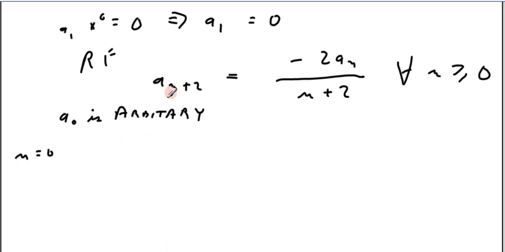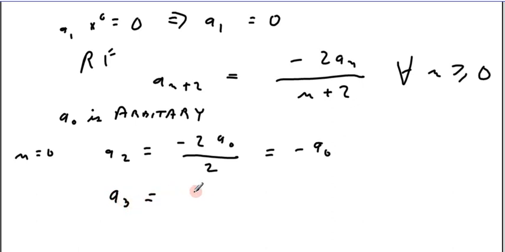So at n equals 0, I have a2. a2 is equal to minus 2a0 divided by 2, also known as minus a0. At n is equal to 1, a3 is going to equal minus 2a1 divided by 3, which is 0, because a1 is 0.